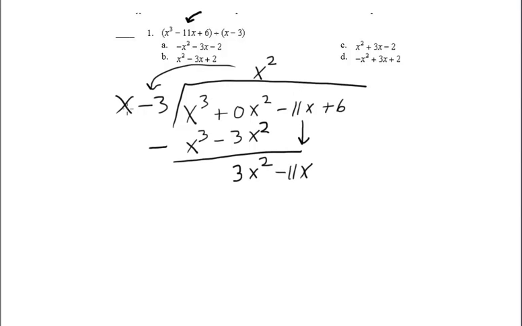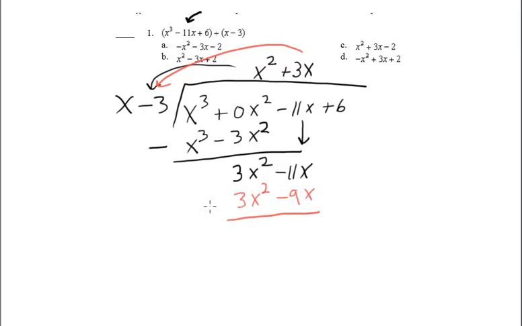And now how many times does x go into 3x? Well, it goes in there a positive 3x times. Then we're going to multiply and change colors. This 3x times this over here, that gives me 3x squared minus 9x.